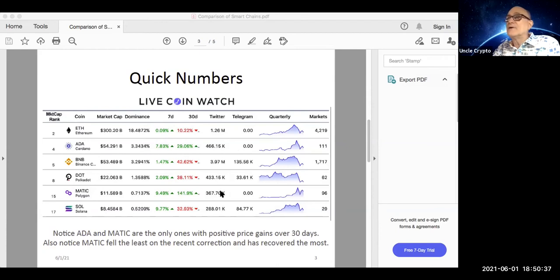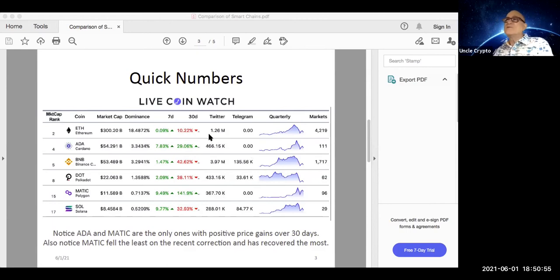See, 300 to 400. So that's kind of interesting. And what's happening is the new blockchains are catching up to the old ones because they're becoming more widely known and more talked about.